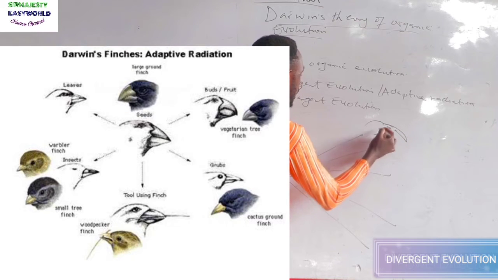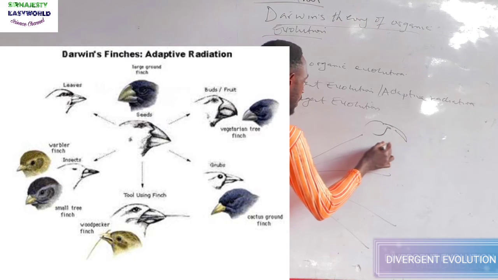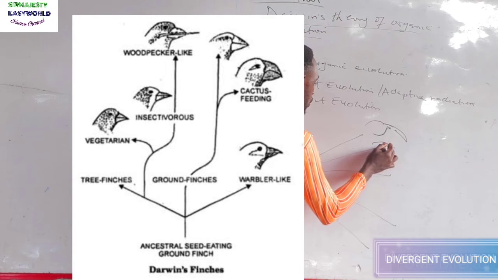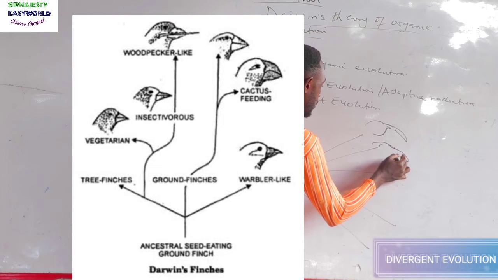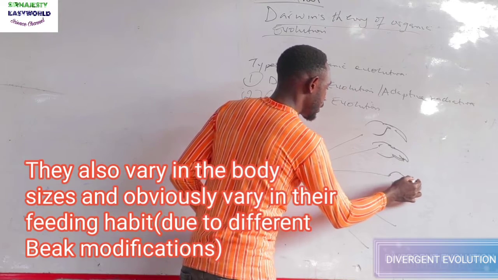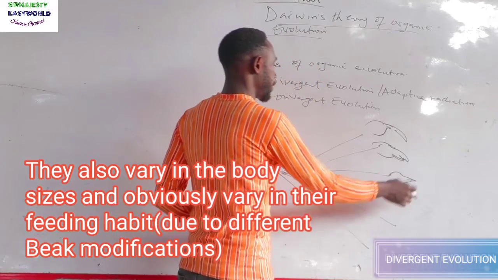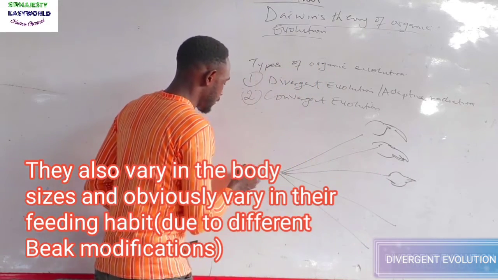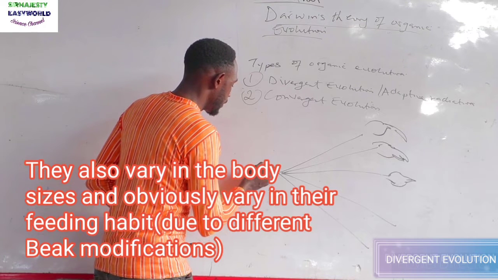The other ones have the beak modified like woodpeckers, a strong beak. Their head and every other thing look alike, but their beak differs. The stout beak for picking. And they all started from one large ground finch.